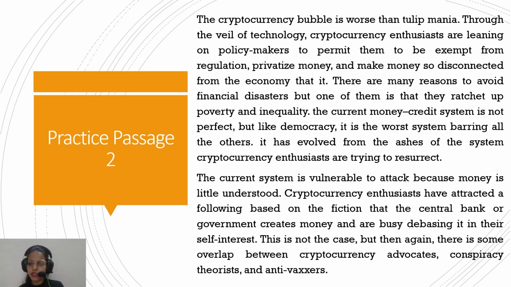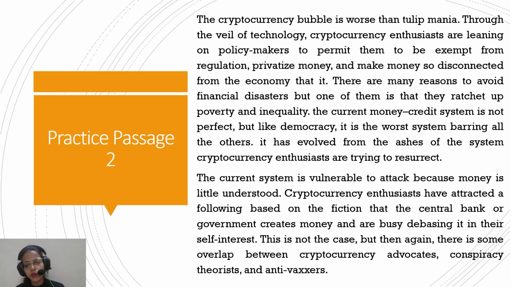There are many reasons to avoid financial disasters, but one of them is that they ratchet up poverty and inequality. They encourage poverty and inequality. The current money credit system is not perfect, but like democracy, it is the worst system barring all the others. It has evolved from the ashes of the system cryptocurrency enthusiasts are trying to resurrect.